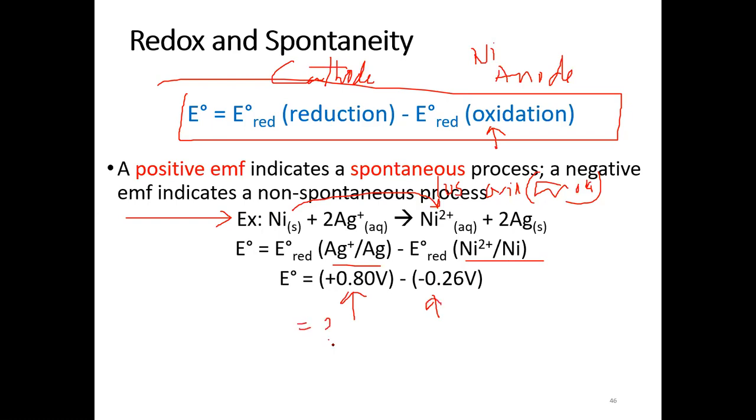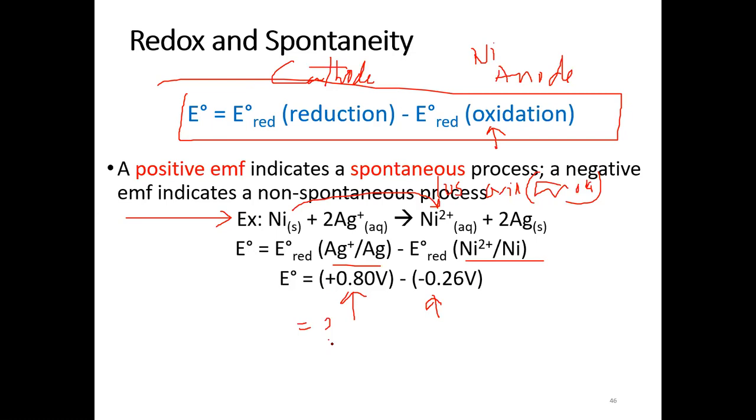So if I use my calculator to get this answer here, that's 0.80, right?